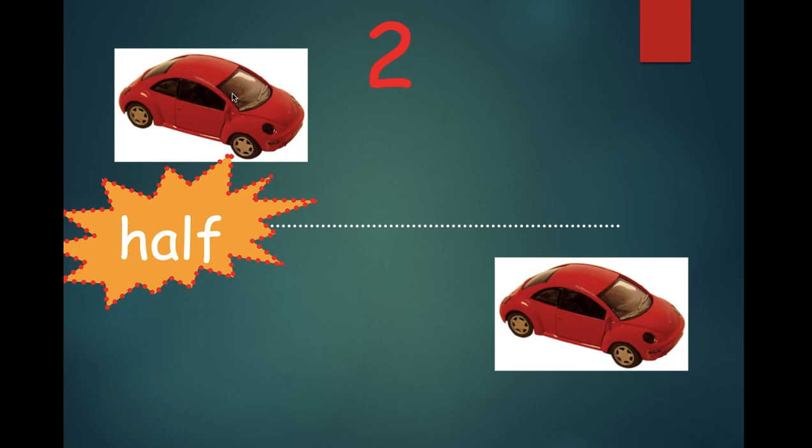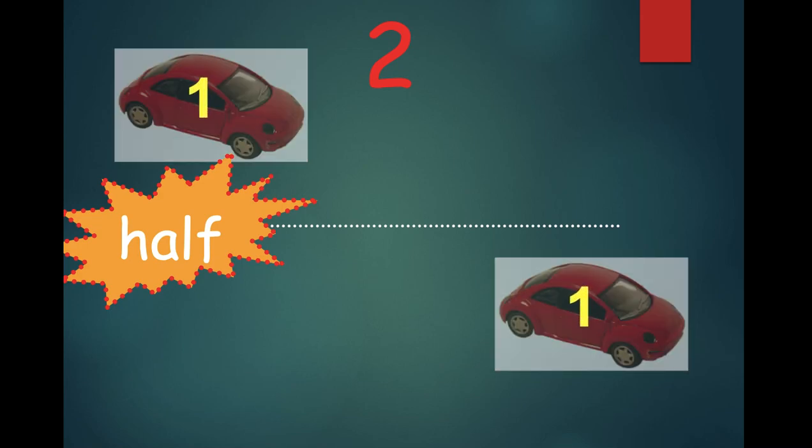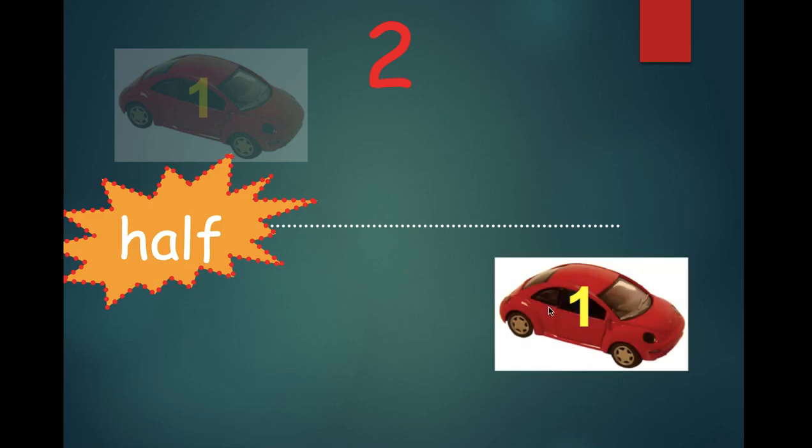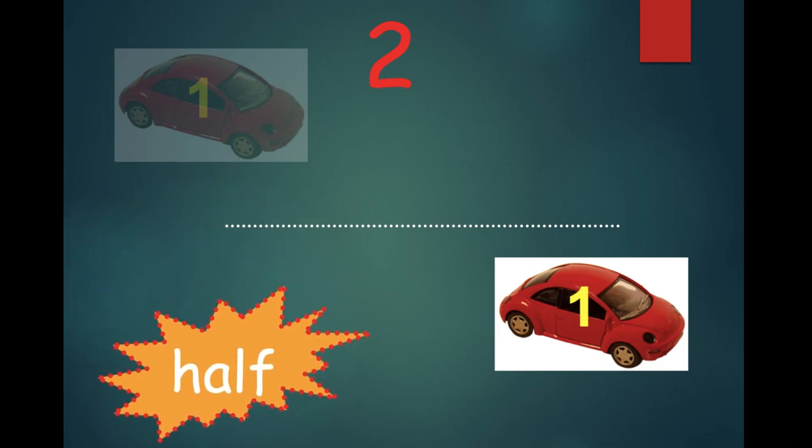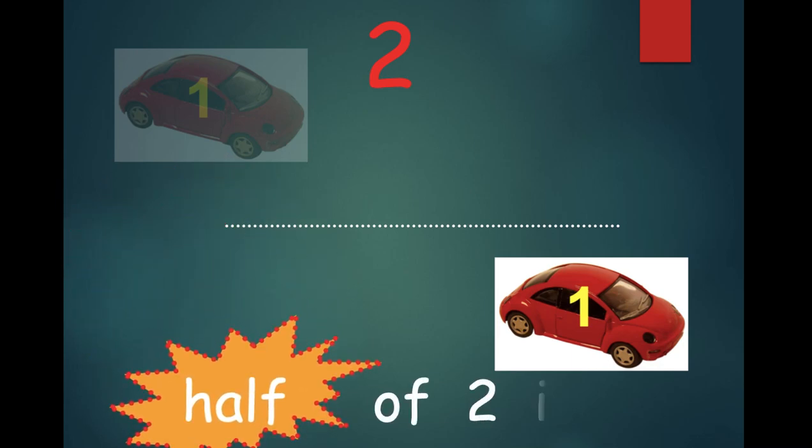We have 1 this side and 1 this side. You can see both the sides we are having 1 and they are equally divided. So what is half of 2? Well done, 1. Half of the 2 cars is 1.